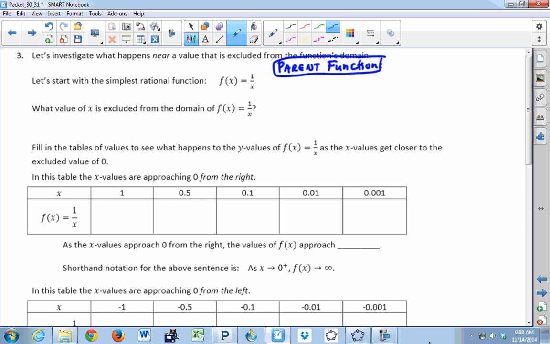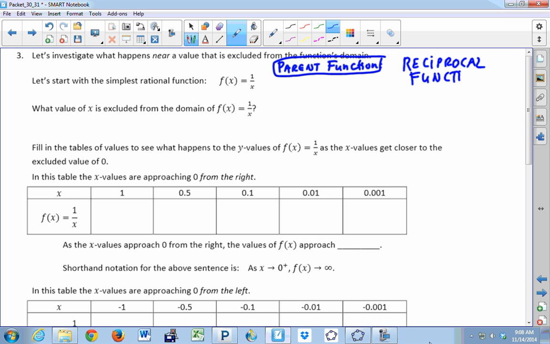I have to remember how to divide by fractions. That's 1 times 100 over 1, which is what? 100. So my result is the reciprocal of whatever my input is. So this parent function is called the reciprocal function because it just takes the reciprocal of whatever x is.